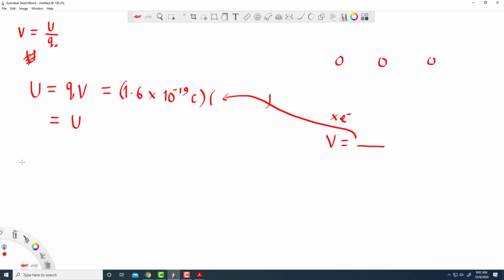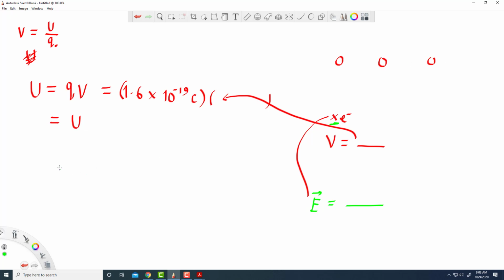Same thing with the electric field. You can find the electric field at that point, E, and again, to find the electric field, you need to find the individual electric field due to this one, due to that one, and due to this one at that point. Once you have the electric field, you can find how much force these three charges will exert on this electron.